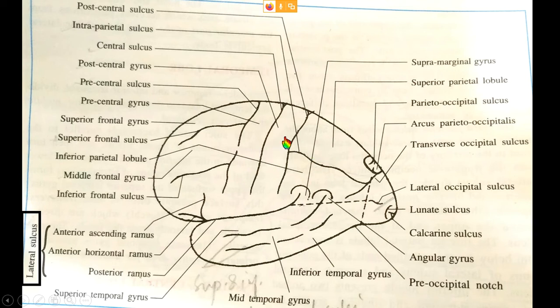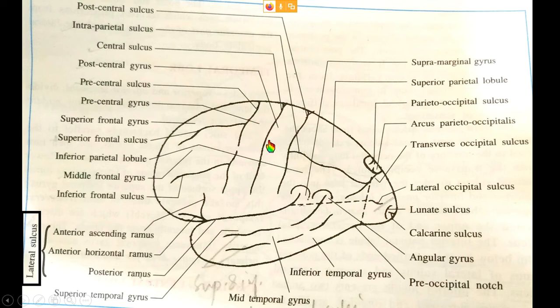As it separates the motor cortex in front and the sensory cortex behind, it is called the limiting sulcus. So what is the name of this limiting sulcus? The Central Sulcus of Rolando.